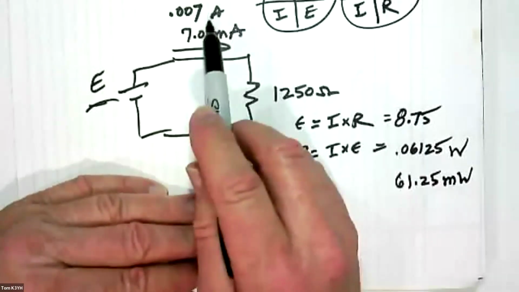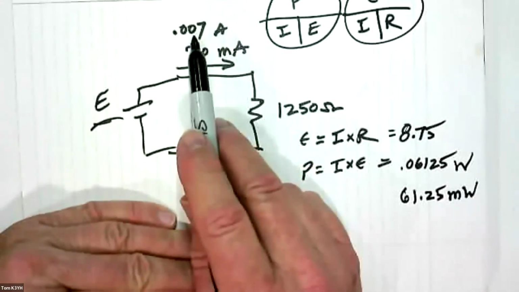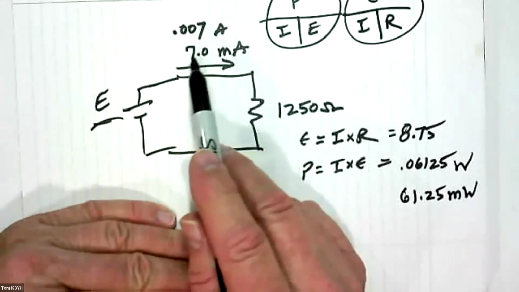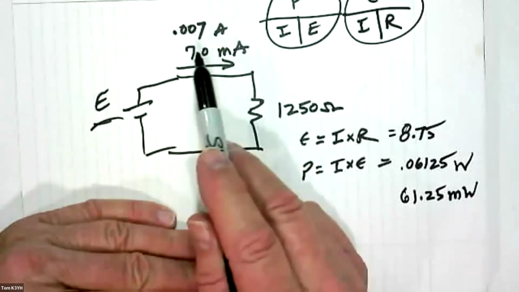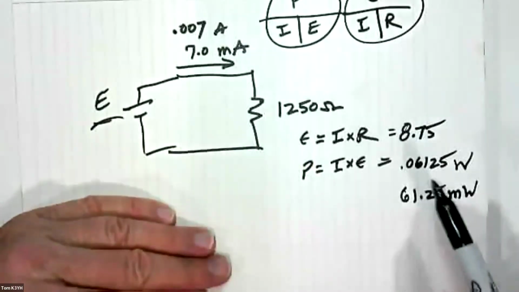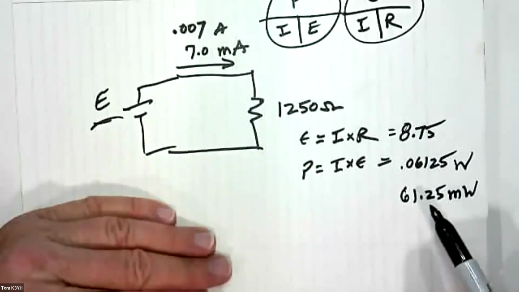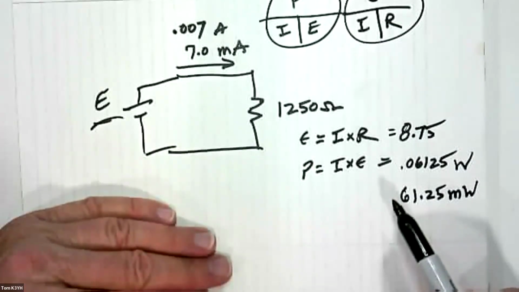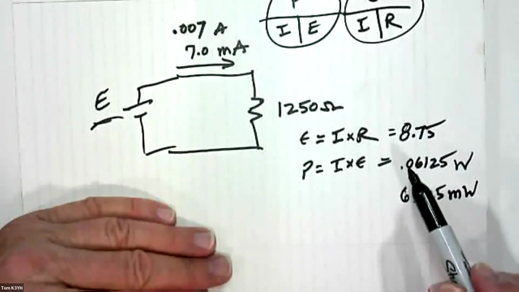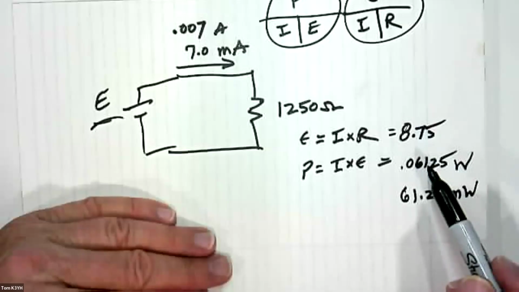So in this particular case, I had to convert milliamps to amps by moving the decimal point to the left 3 to go from thousandths to units. And then I took watts and converted them back to milliwatts by moving that decimal point back to the right 3 places. 1, 2, 3. So it's 61.2.